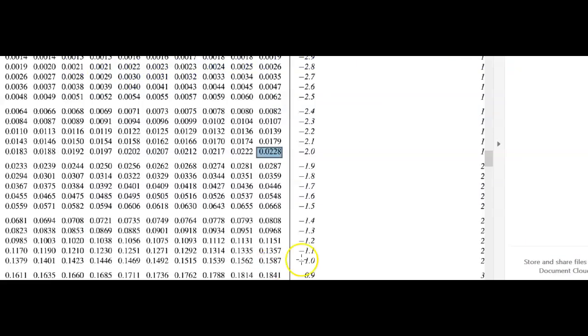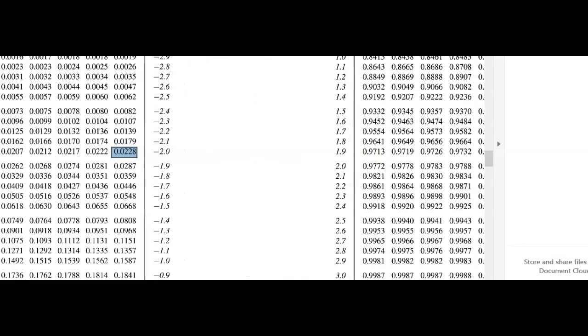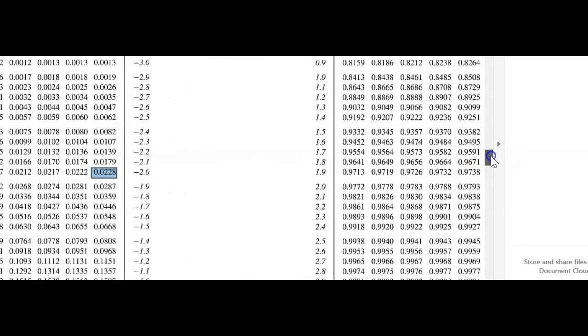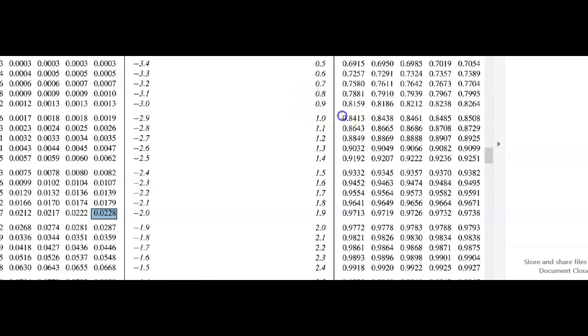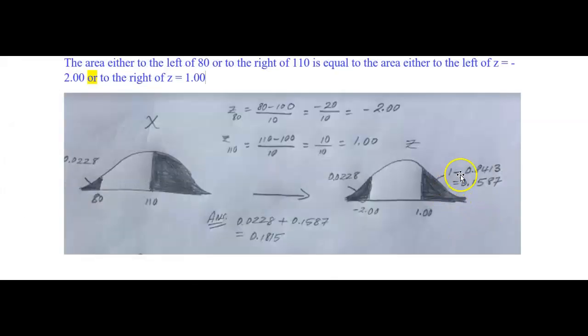But if I look for 1.00, I have this number here, right? But this is not the area on the right side of 1, it's the area to the left side, right? So that's why the 0.8413 represents this area here and these two pieces here on the left side.